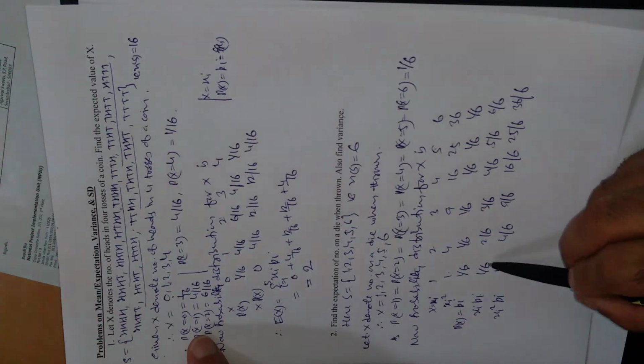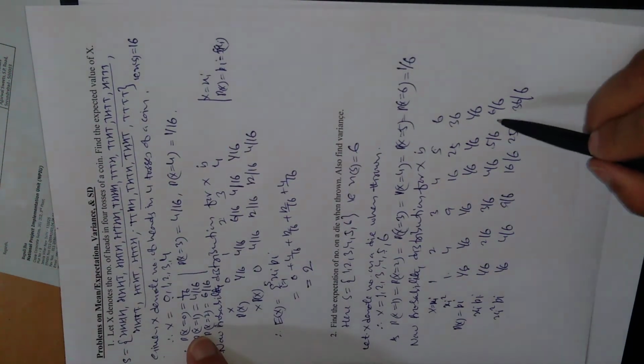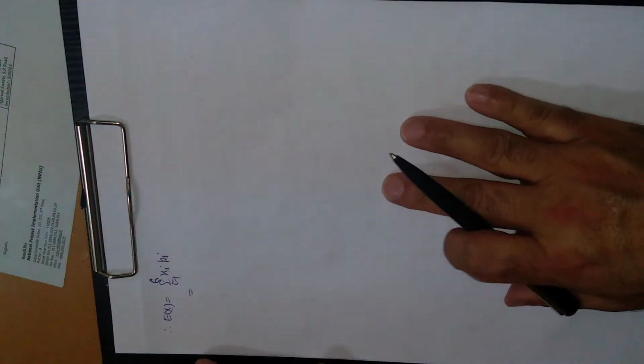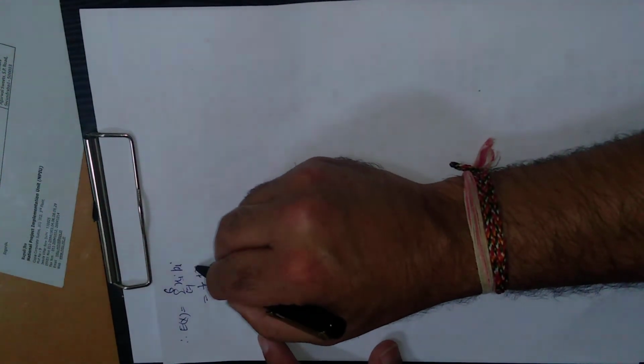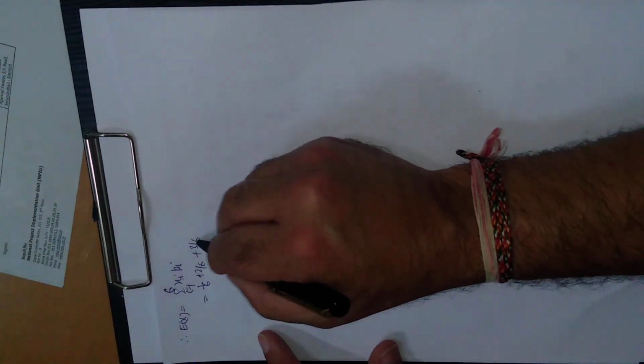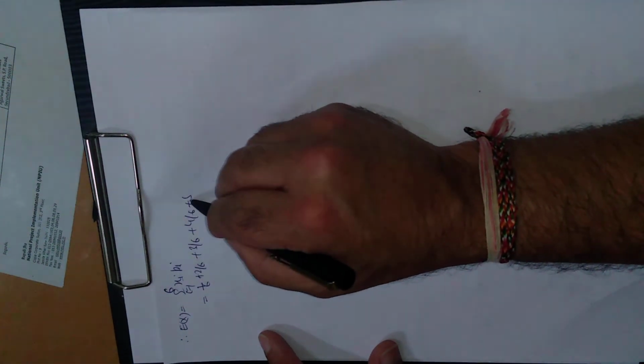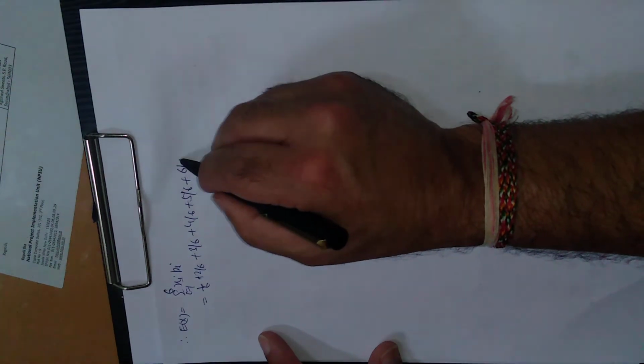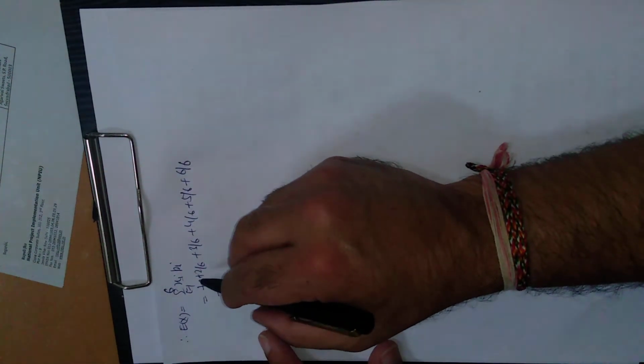Just add all of these: 1 by 6, 2 by 6, 3 by 6, 4 by 6, 5 by 6, 6 by 6, and this sum is equal to 7 by 2.